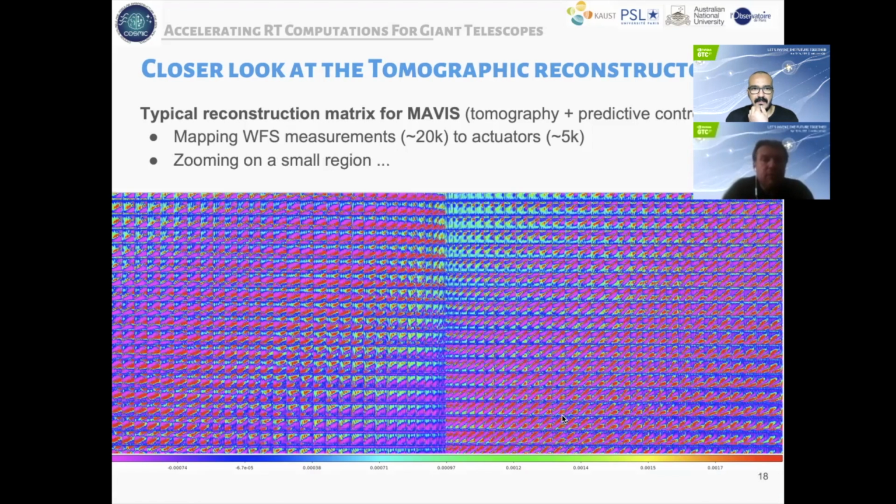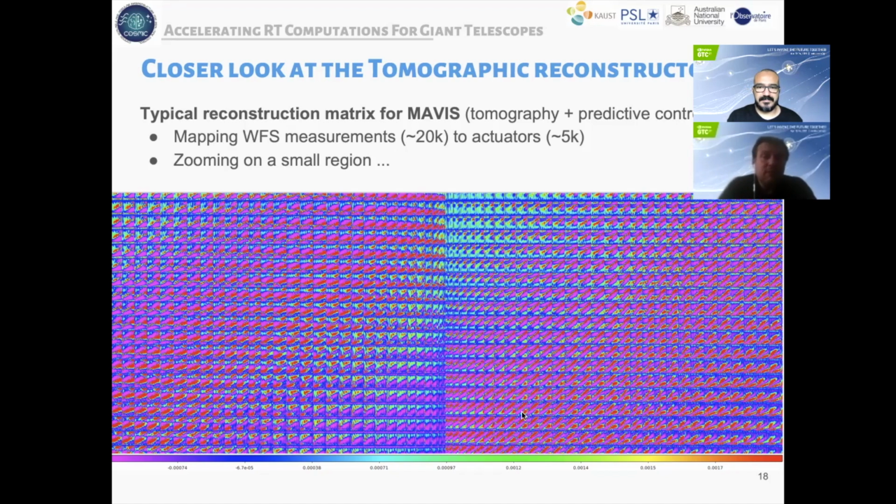And if we look even closer in small blocks of this matrix, we can see that it is in fact what we call data sparse. There is a lot of redundancy in the information in this matrix. And we can probably use this feature to reduce the number of flops and at the end reduce the RTC latency to get even better performance.